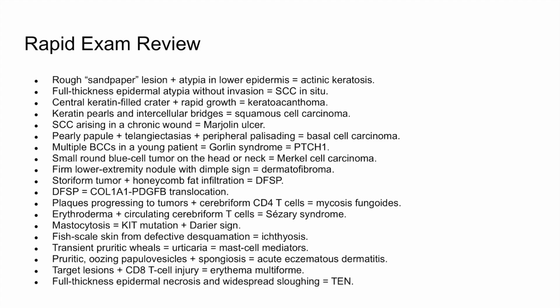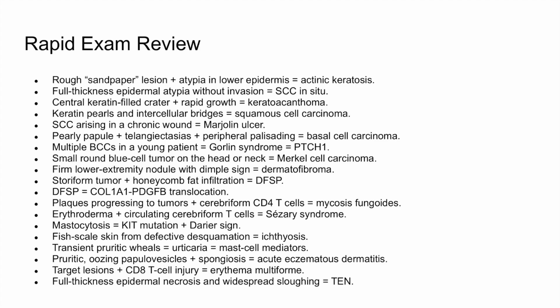Keratin pearls and intercellular bridges identify squamous differentiation, and squamous cell carcinoma arising in a chronic wound is called a Marjolin ulcer. Basal cell carcinoma is the pearly papule with telangiectasias, peripheral palisading, and PTCH1-related hedgehog activation.